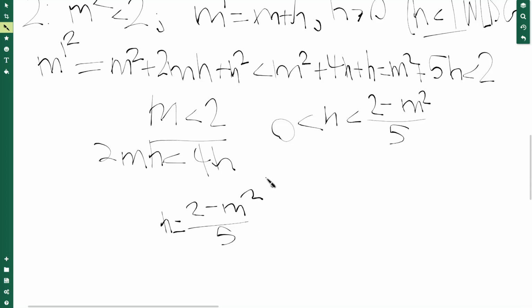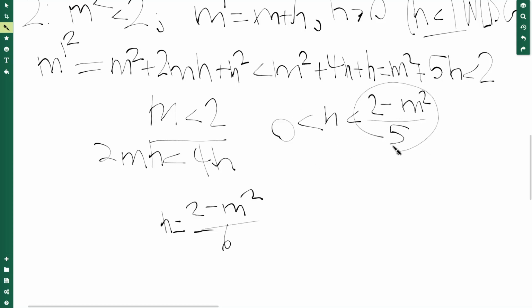Well, for one, we need to show that this is in fact less than 2 minus m squared over 5. But also we need to show that it's greater than 0.